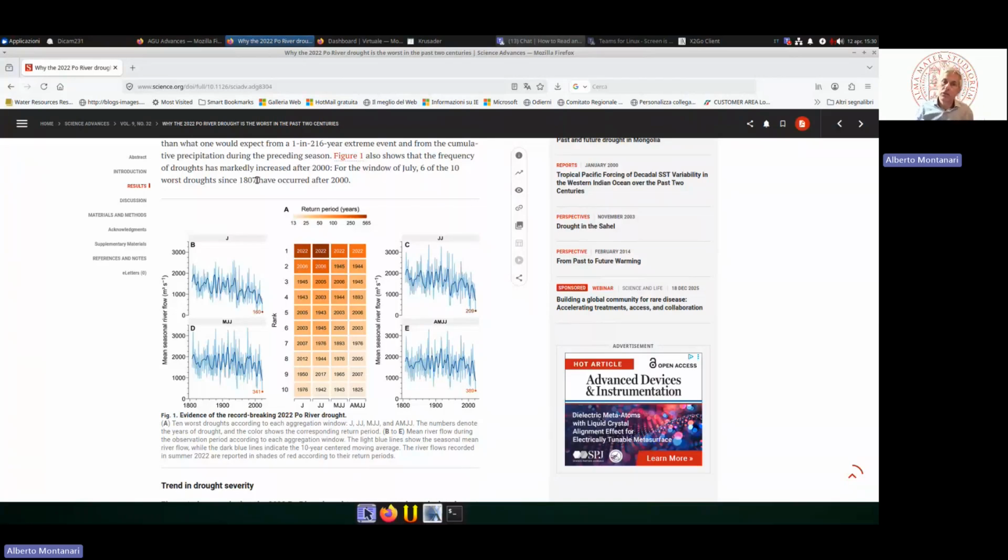So you see there is a lot of information provided by this figure, which says that the 2022 drought was the worst one, which says that there is indeed a decreasing trend in the summer flows of the Po River, but then the figure raises another question. So why the trend is more pronounced in the summer season with respect to the whole spring season.